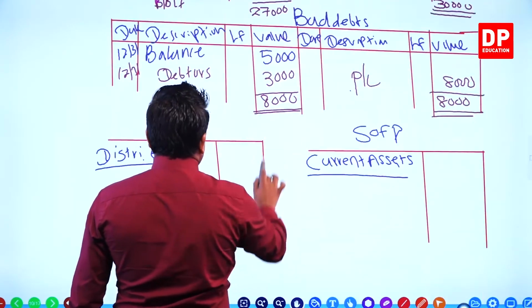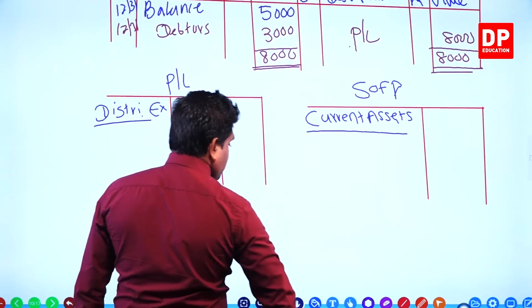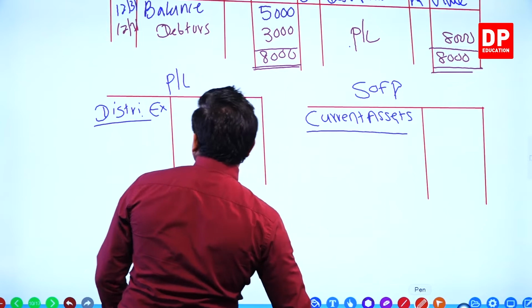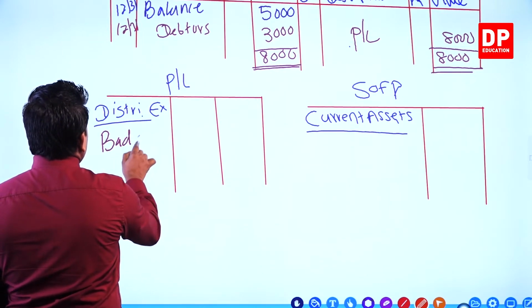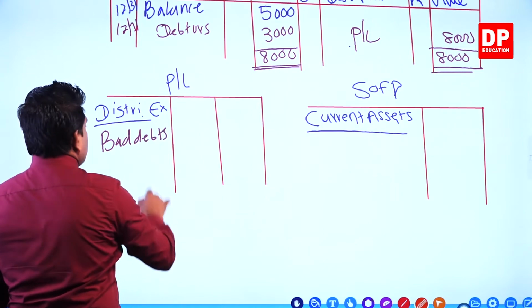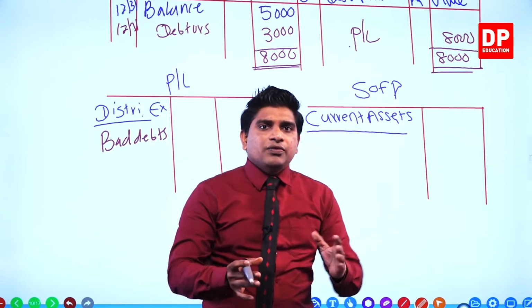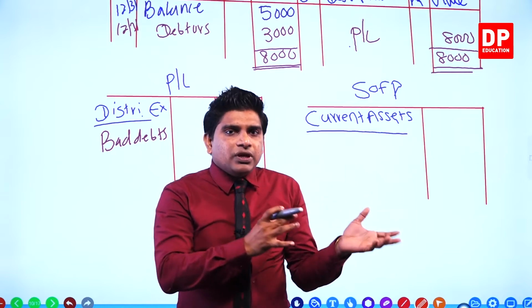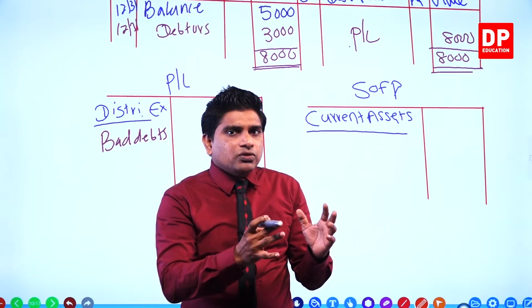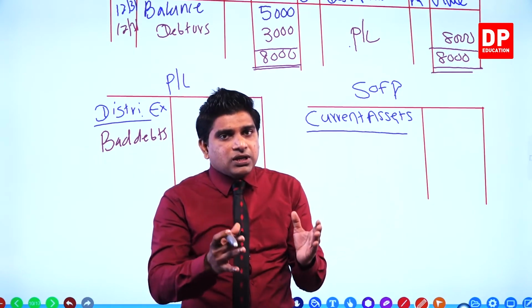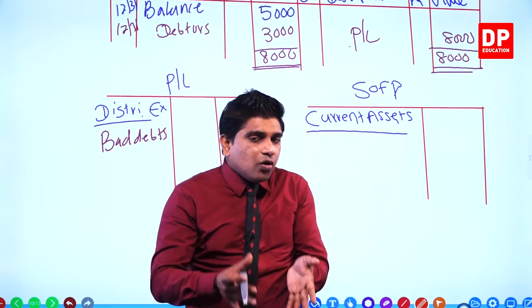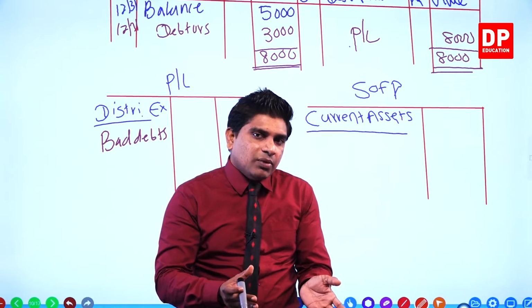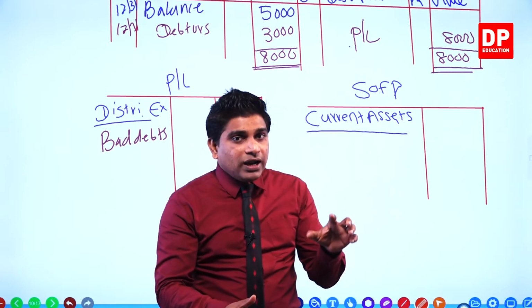Yeah. Now we move to the profit and loss statement and statement of financial position. In the profit and loss statement under the distributing category, you write bad debts, not only the 3,000, you must remember that. Sometimes you may think we calculated only 3,000. Why do we write 3,000 plus 5,000, 8,000? 8,000 is the total bad debts for the year. This time we calculated only 3,000, but previously we calculated 5,000.